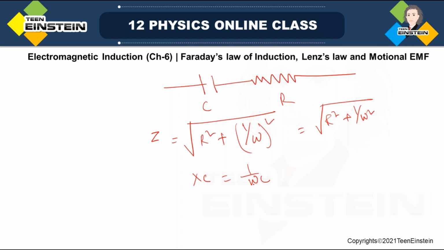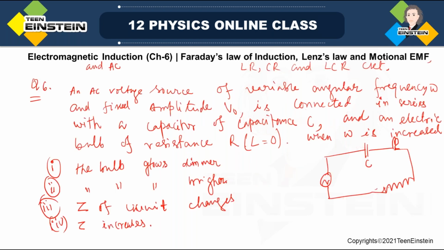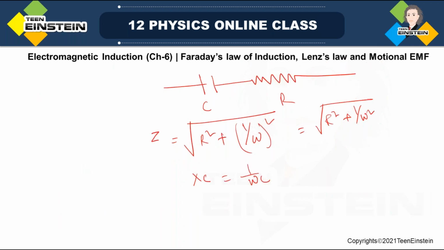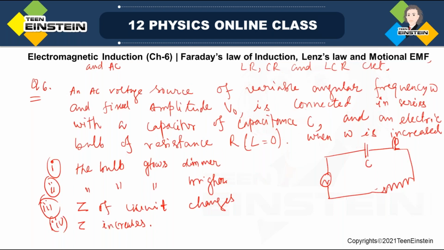As omega increases, Xc will decrease, so Z will be decreasing. Hence the power increases.